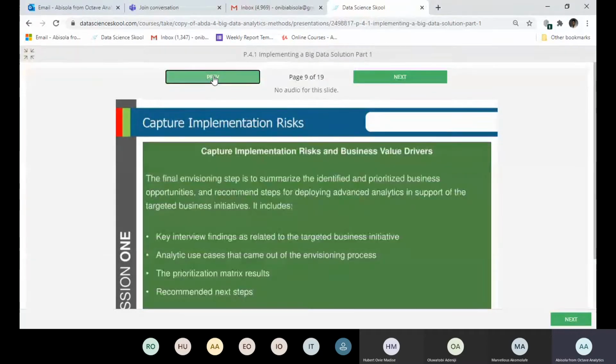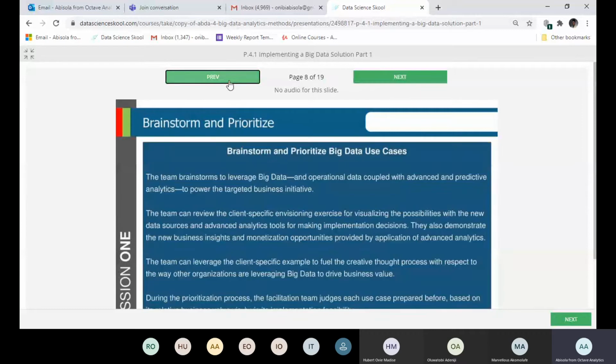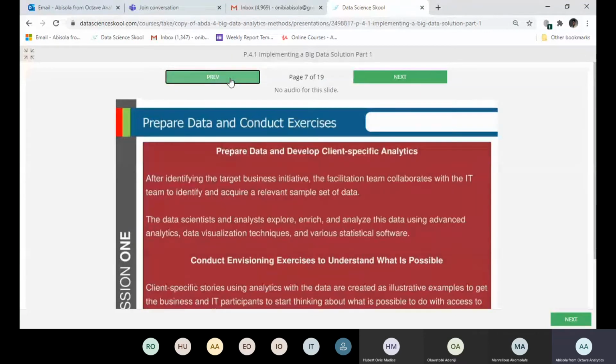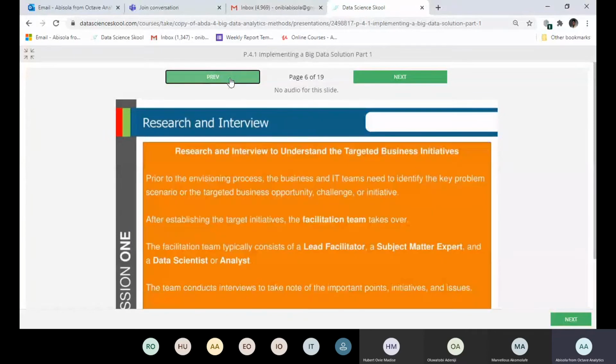So I wanted to see what this is. Prioritizing big data use cases, capture implementation risks, brainstorm and prioritize, prepare data and conduct exercises, research and interview. Okay, so the research and interview phase is not very similar to the textbook because I know what's in the textbook, but then it still goes, so I'll just flow along.